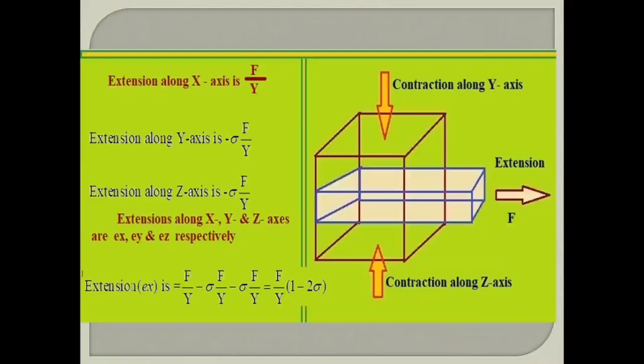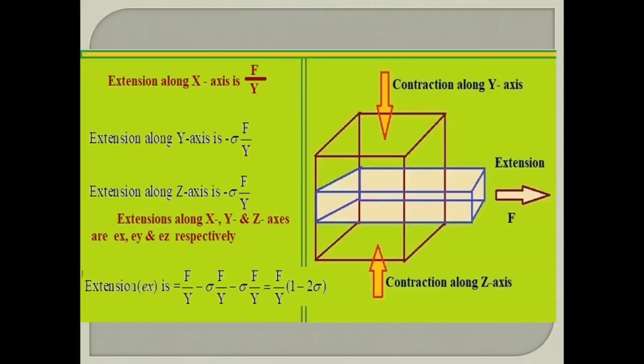Extension Ex is equal to capital F divided by capital Y, minus sigma into capital F divided by capital Y, minus sigma into capital F divided by capital Y, which is equal to capital F divided by capital Y into bracket 1 minus 2 sigma.